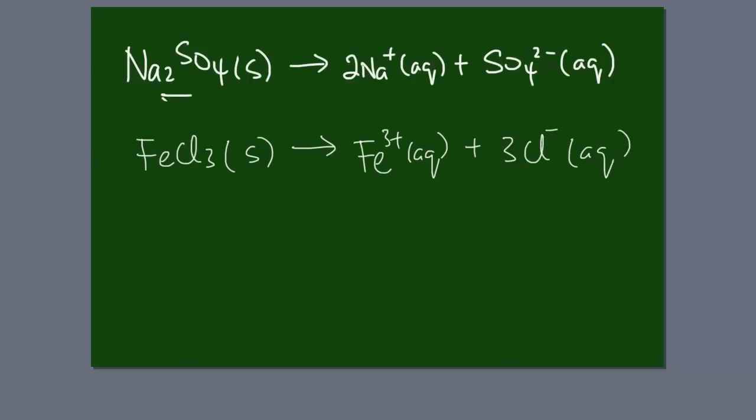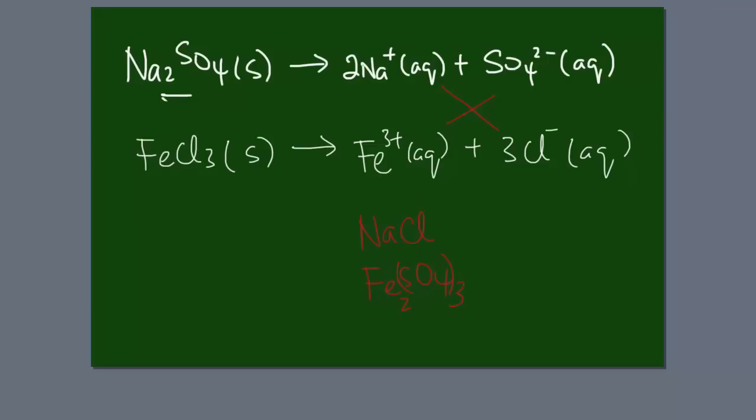So what I'm going to get is this. I have the Na+ here meeting the Cl-, so I will form NaCl. I have the Fe3+ meeting the SO4 2- in the solution, to form Fe2(SO4)3. And then I will check for their solubility.